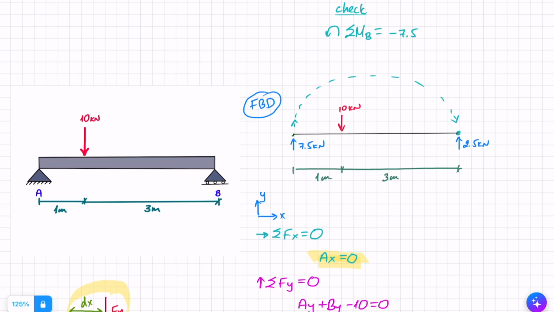The distance is the distance from the line of action to the point. So since that force is in y, I know that it's the distance in x, which is this distance here. So times 4 meters.